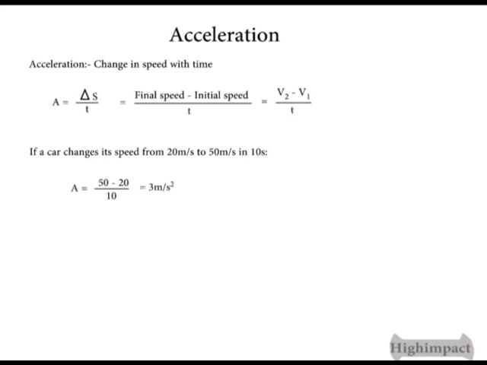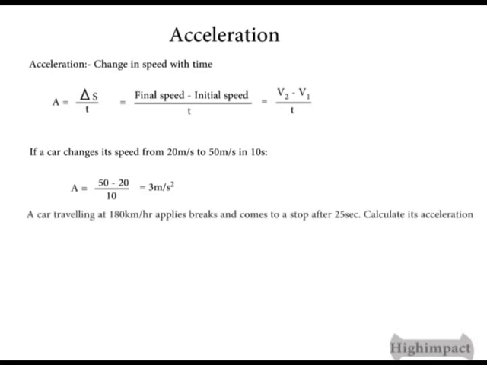Let's take an example. A car traveling at 180 kilometers per hour applies brakes and comes to a stop after 25 seconds. Calculate its acceleration. First thing we do is convert 180 kilometers per hour into meters per second. 180 times 5 over 18 will give us 50 meters per second.